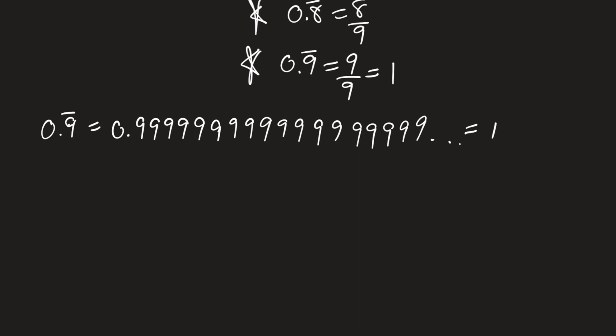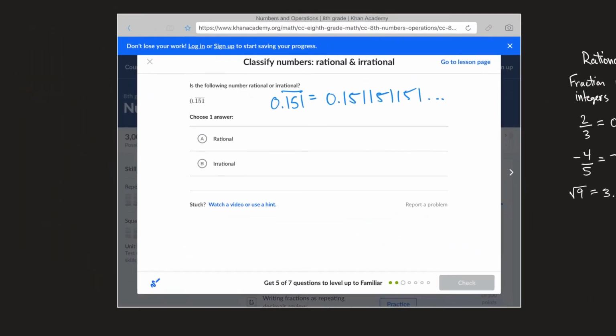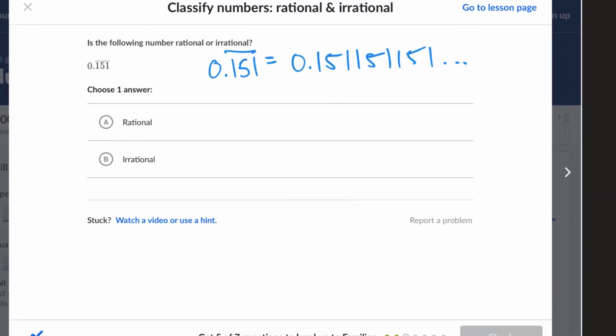Anyway, back to our original problem here. The fact that we can express this as a number over 9. So this is 151. Now, when I had 0.5 repeating, that is 5/9.